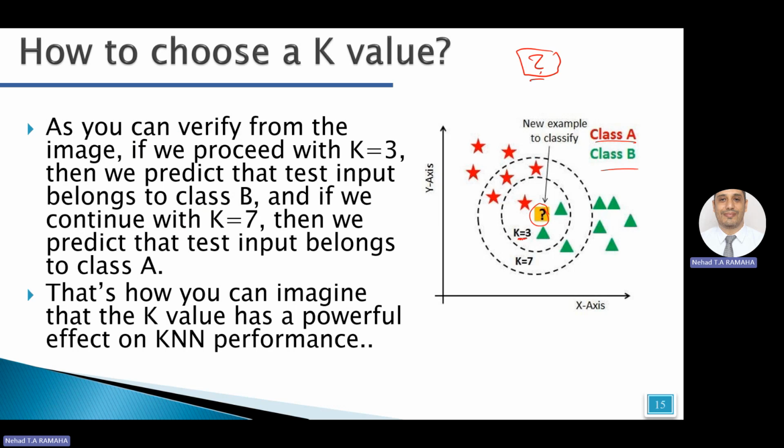If we take K equal 3, we have two rectangles and one star, so the new data will be classified as class B. But if we take K as 7, the new data has 3 from class B and 4 from class A, so the new data will be classified as class A. So the number makes a big difference here.